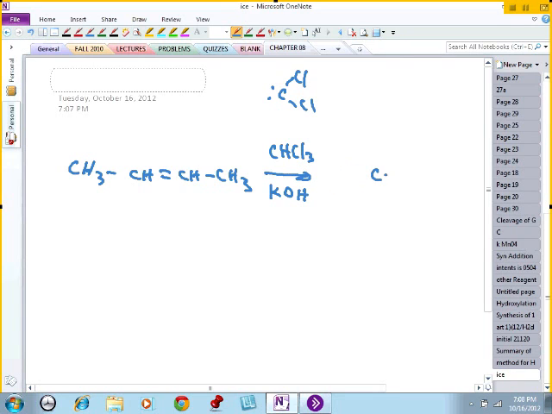So here we form, so what this reagent does is to simply form a three-member ring, which is a cyclopropane ring.